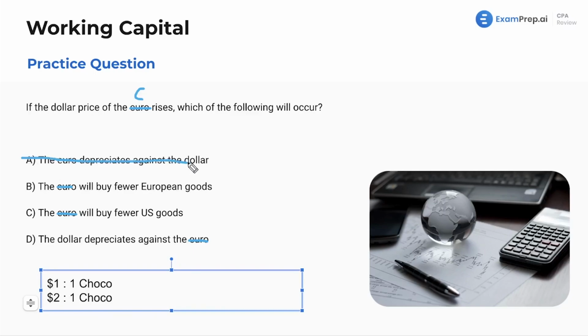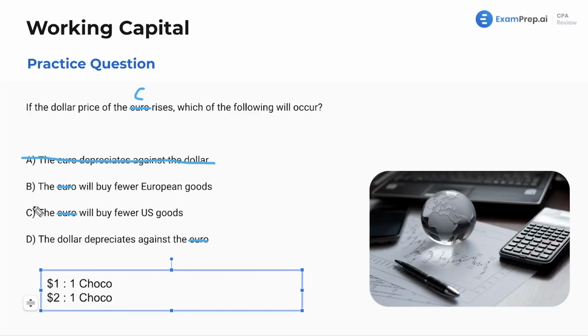The chocolate bar will buy fewer European goods. Now, obviously, this example maybe hit a little bit of a road bump, but still a great way to think about it. It's worth more now, so will that buy fewer of its own goods? Well, I'm going to say no as well, because this item has appreciated, this has depreciated.